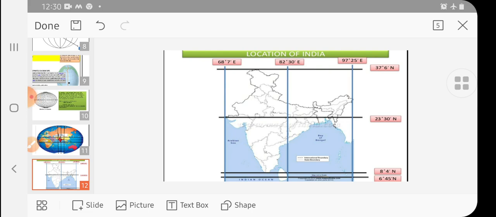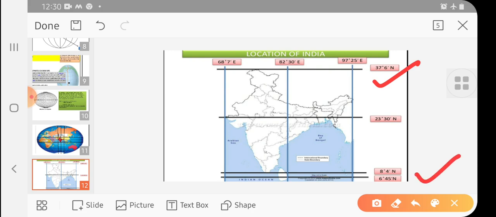When you read the book, you will see that from the bottom it is 8 degrees 4 minutes north, and Andaman and Nicobar starting from 6 degrees 45 minutes north, and it extends to 37 degrees 6 minutes.